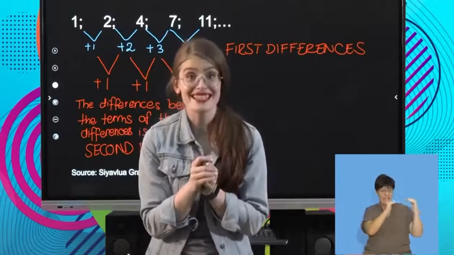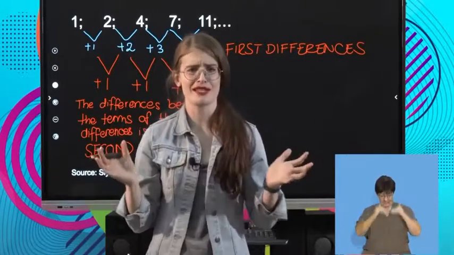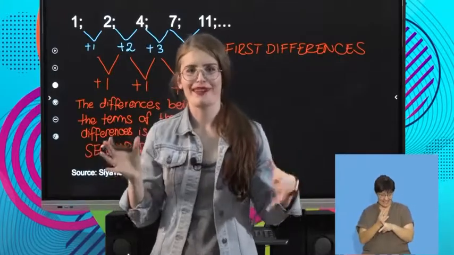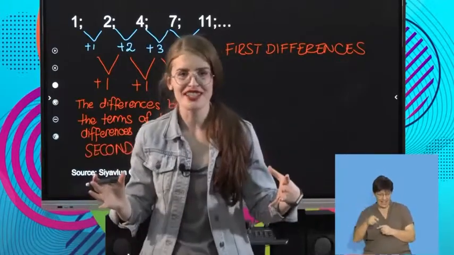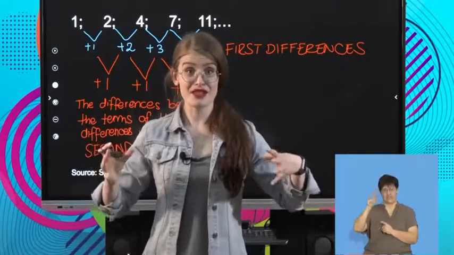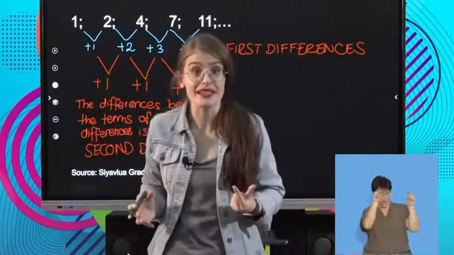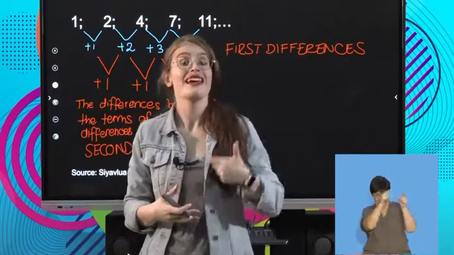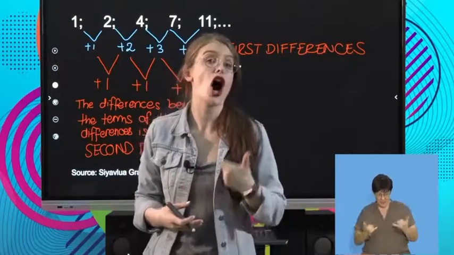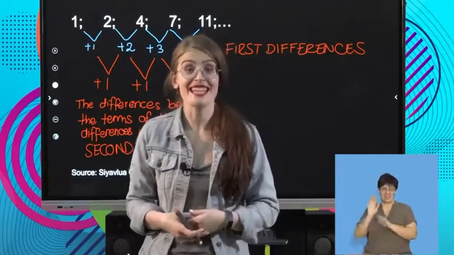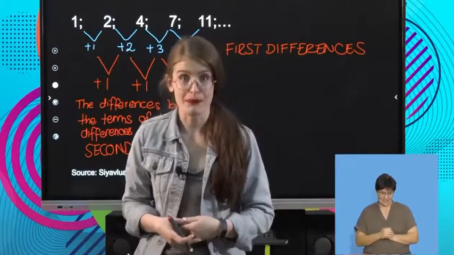If the second differences are equal, and what is the second difference again? I'm hoping you're thinking of a definition. The second difference is the differences between the first differences. If the second differences are equal to each other, then it is a quadratic pattern.